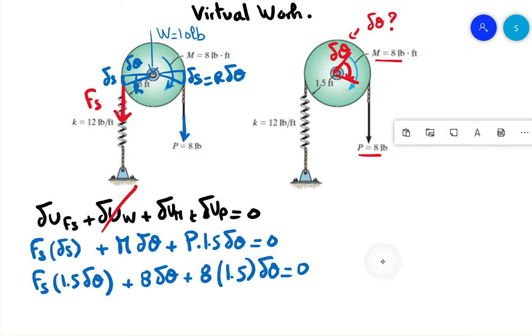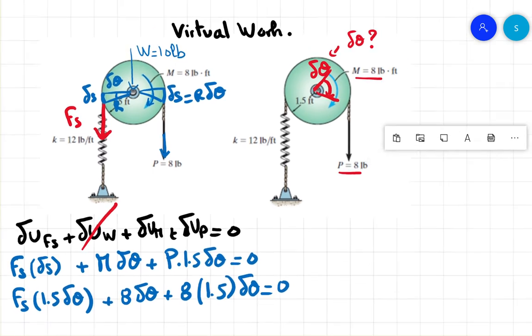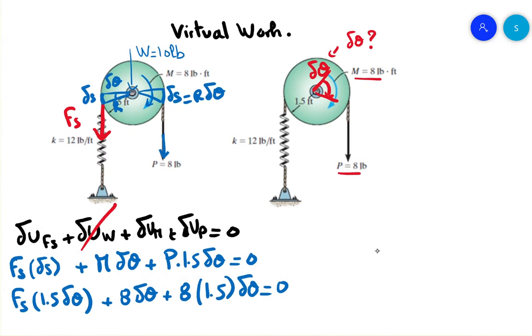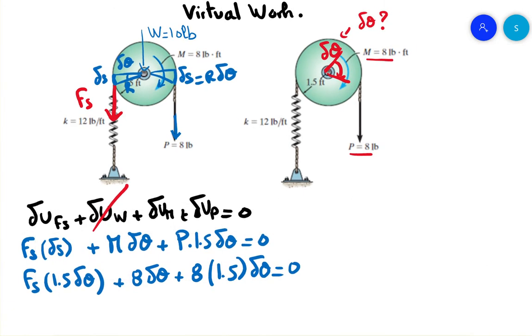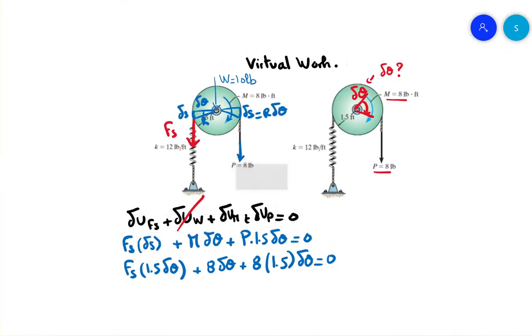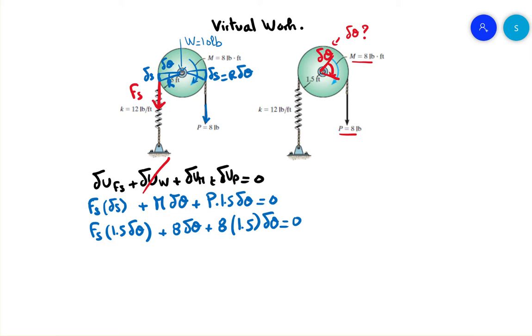We are almost there. The force of the spring is equal to K times the delta S, and delta S is 1.5 delta theta.